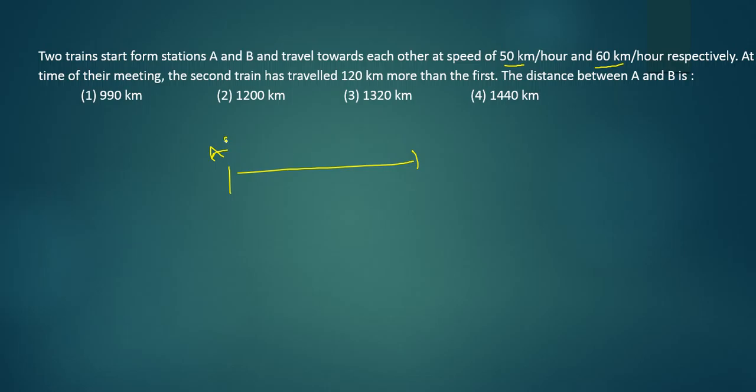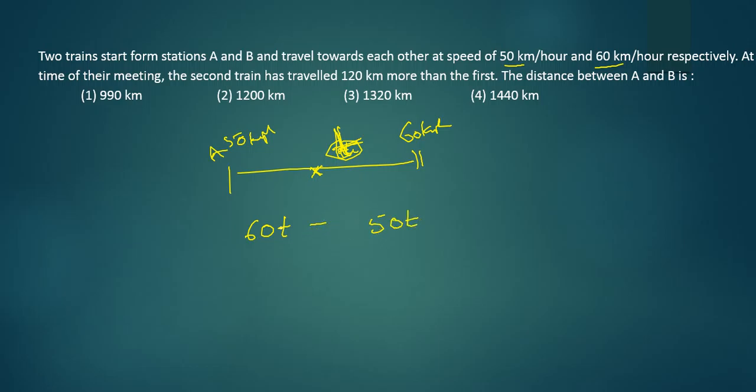Let us say the first train is traveling at 50 kmph and the second one at 60 kmph. Now the distance covered by the faster train is nothing but 60t, because distance is speed into t, and the distance covered by the first train is 50t.